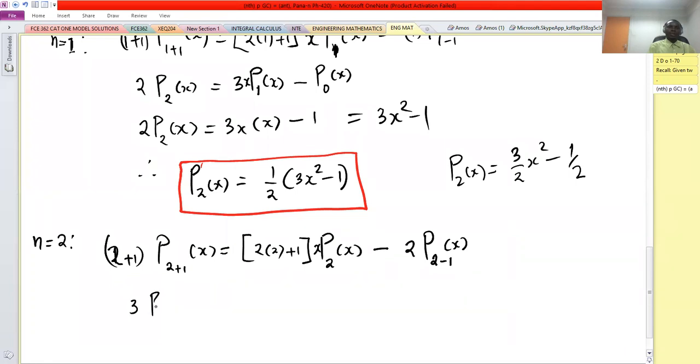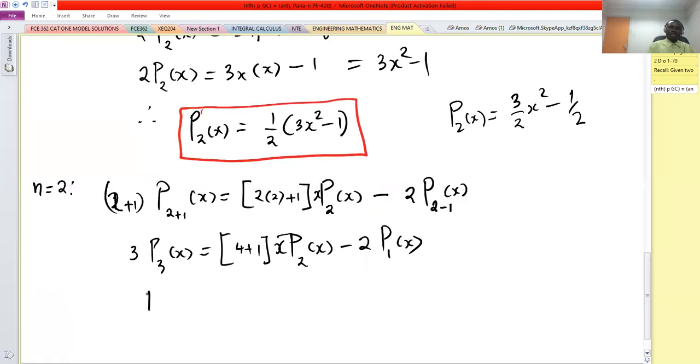So 3 P3 of x equals 4 plus 1 times x P2 of x minus 2 P1 of x.